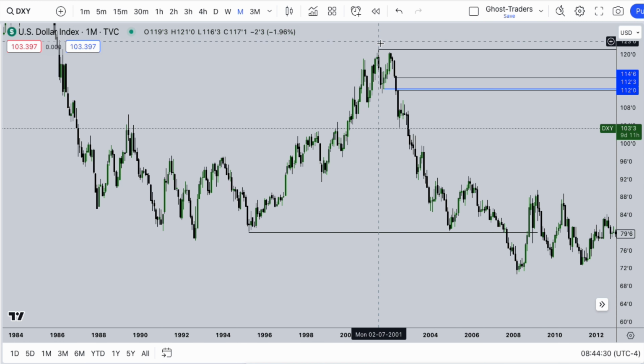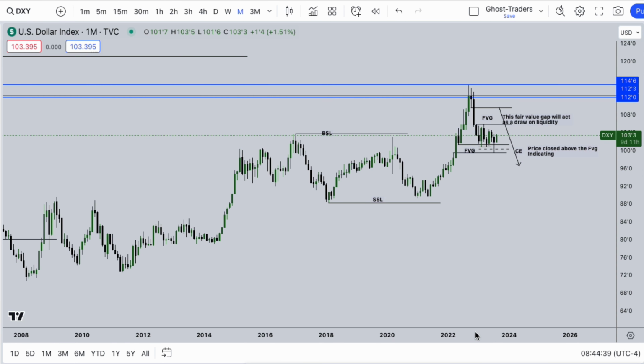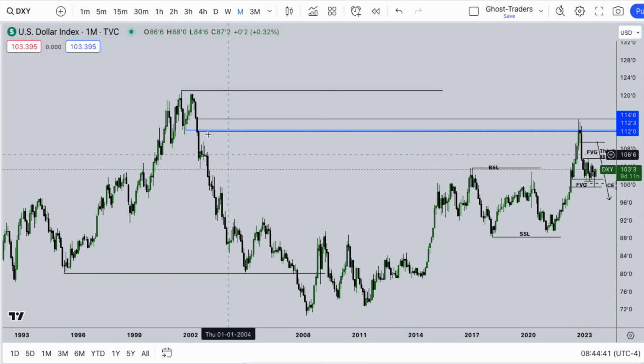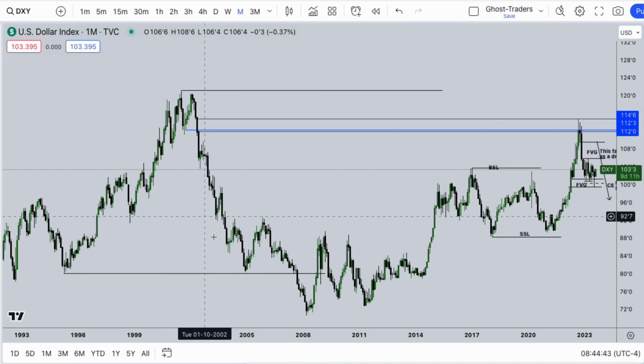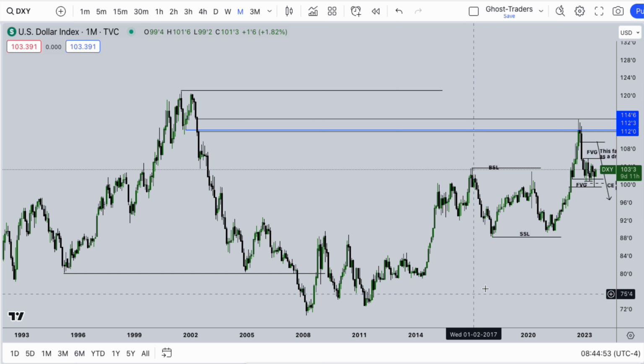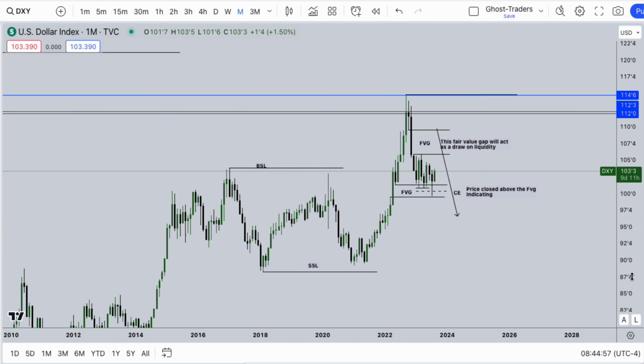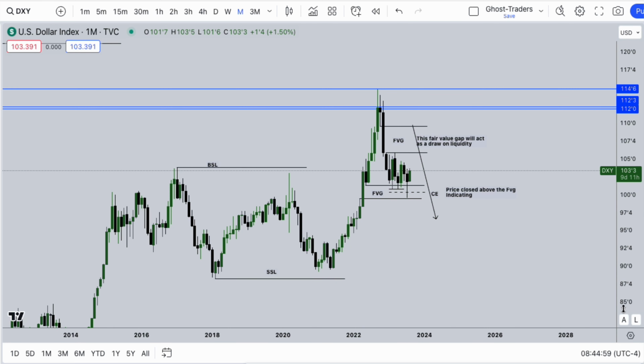When price takes out this here, it will signal to us that our price has changed, it's going up. But you can see right now that hasn't happened. Price did close this fair value, this liquidity void that was created as price was going down, and then we have a fair value gap here. Hence, that's why we say shift in market structure, and then after that shift in market structure, you look for a fair value gap. It's basically the same thing all over and over again.